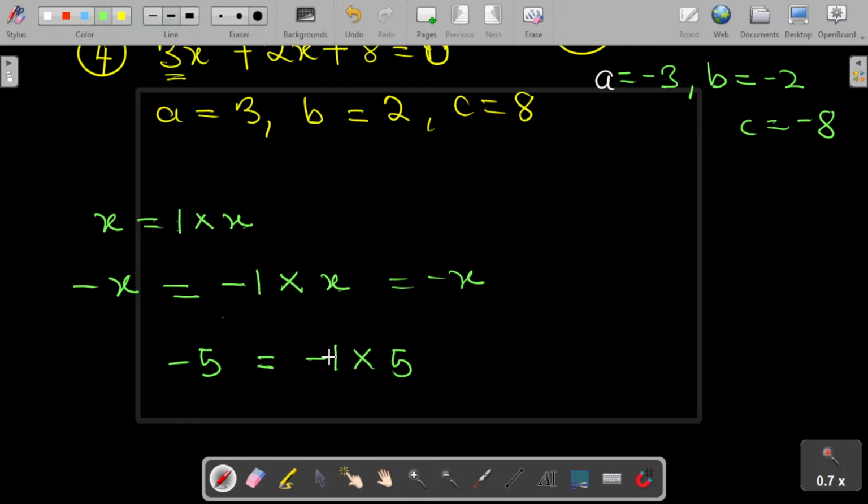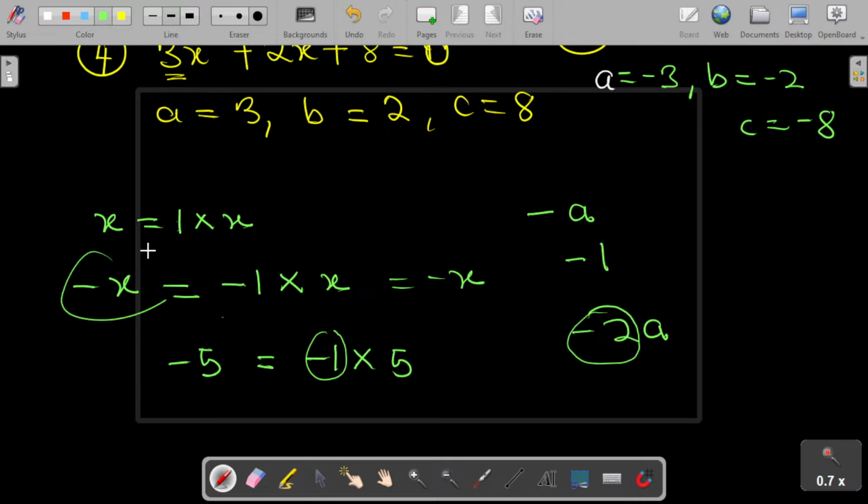So if it is minus a, the coefficient is minus 1. If it is minus 2a, then the coefficient is minus 2. So I think it is that minus x that is giving us issues.